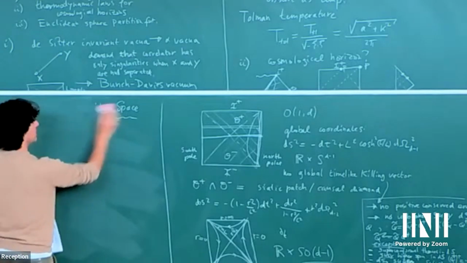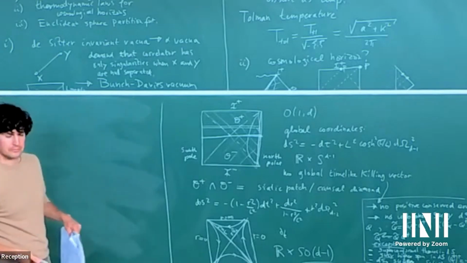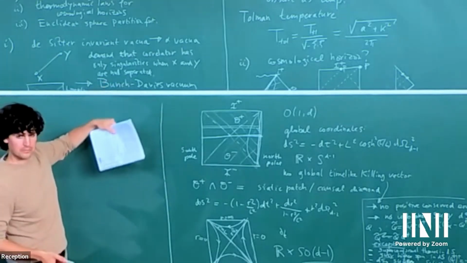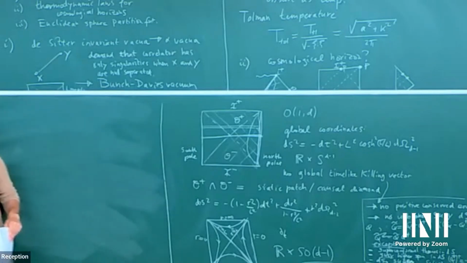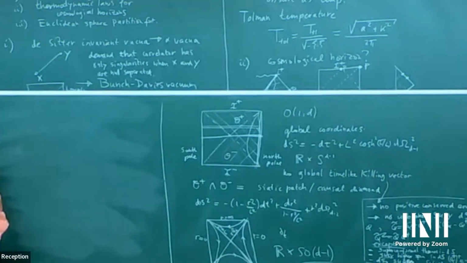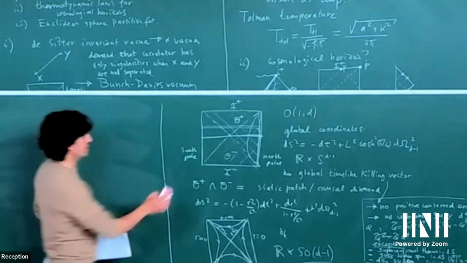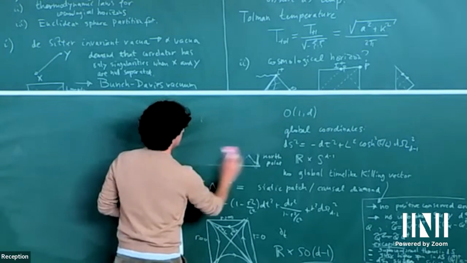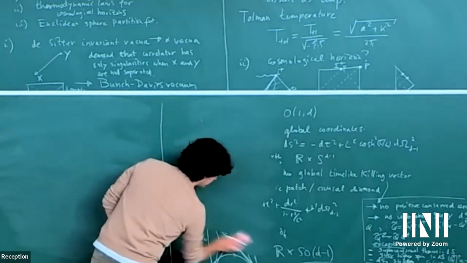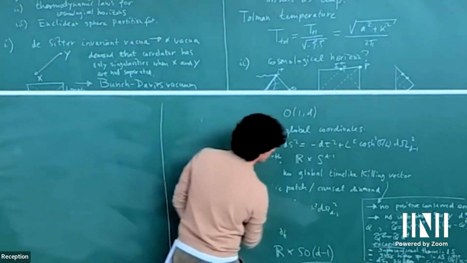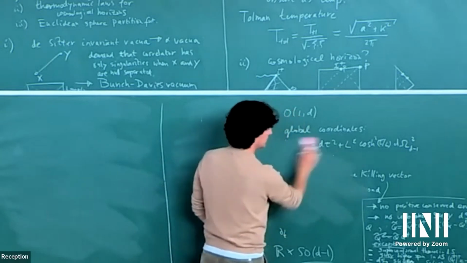Because there is a funny minus. It is not a statement like saying that you cannot add matter to decrease the cosmological horizon. I mean, if you throw something through the horizon, then it will increase.